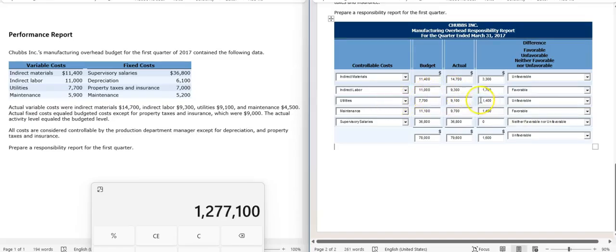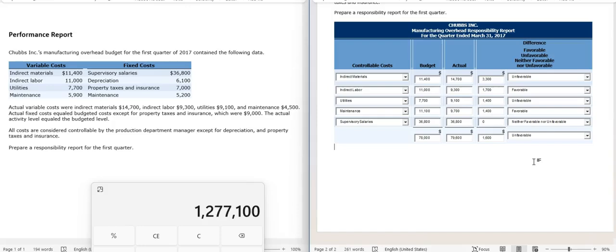Utilities, $1,400 difference between actual and budget, and it's unfavorable because the actuals exceeded the budget. Maintenance, $1,400 difference. Actuals were less than budget for maintenance costs. That is favorable. Supervisor salaries. There was no variance, so it's neither favorable nor unfavorable. We had our supervision salaries right at what we expected.